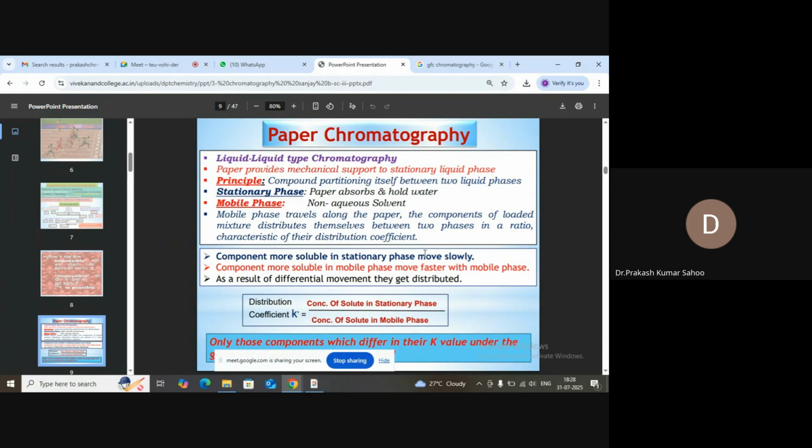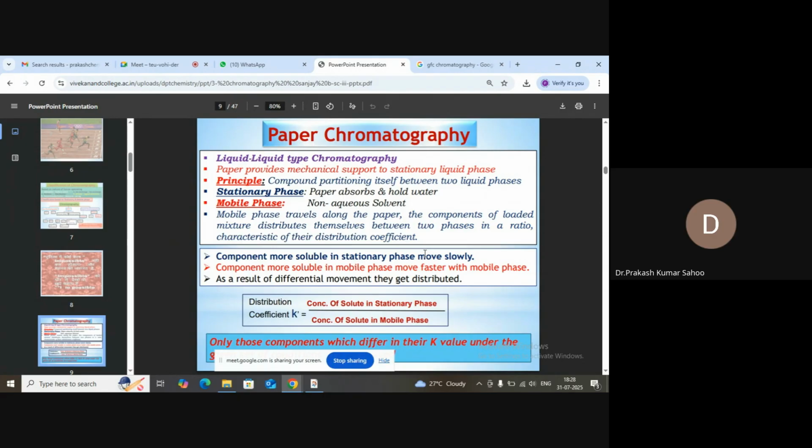So the mobile phase travels along the paper. The components of the loaded mixture distribute themselves between two phases in a ratio characteristic of their distribution coefficient.